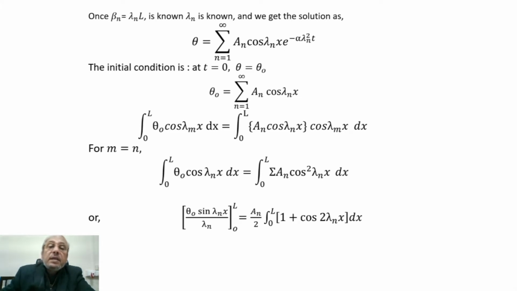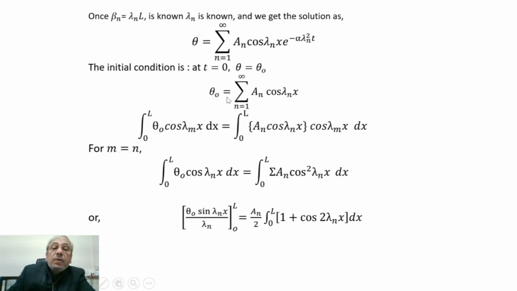And we can get the solution in the form of theta equal to summation n equal to 1, 2, 3 up to infinity of a n cos lambda n x e to the power minus alpha lambda n square t, it's a series. Now the initial condition is known: when temperature is T0 everywhere on the slab, at t equal to 0 we can say theta equal to theta 0.